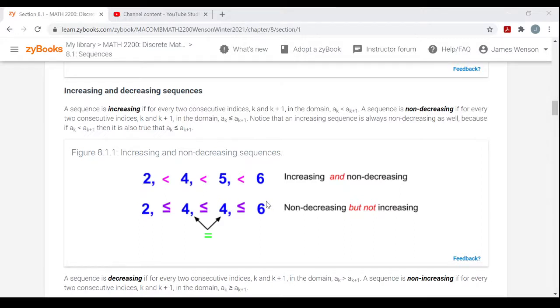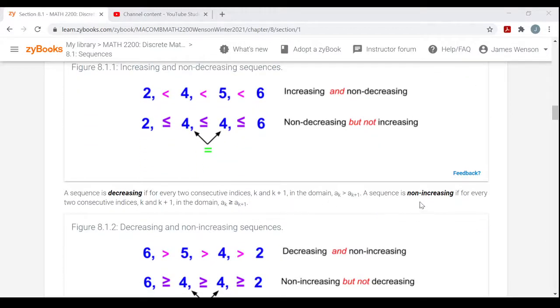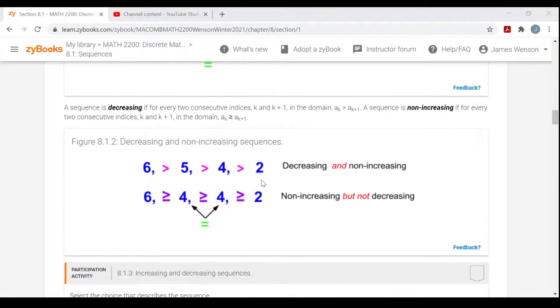That's non-decreasing, but it's not an increasing sequence because it's not always getting bigger. Right? And the same thing goes for decreasing and non-increasing. Right? Decreasing is always getting smaller, and non-increasing is either getting smaller or staying equal all the time. Right? So you can be both decreasing and non-increasing. Every decreasing sequence is not increasing, but not every non-increasing sequence is decreasing.